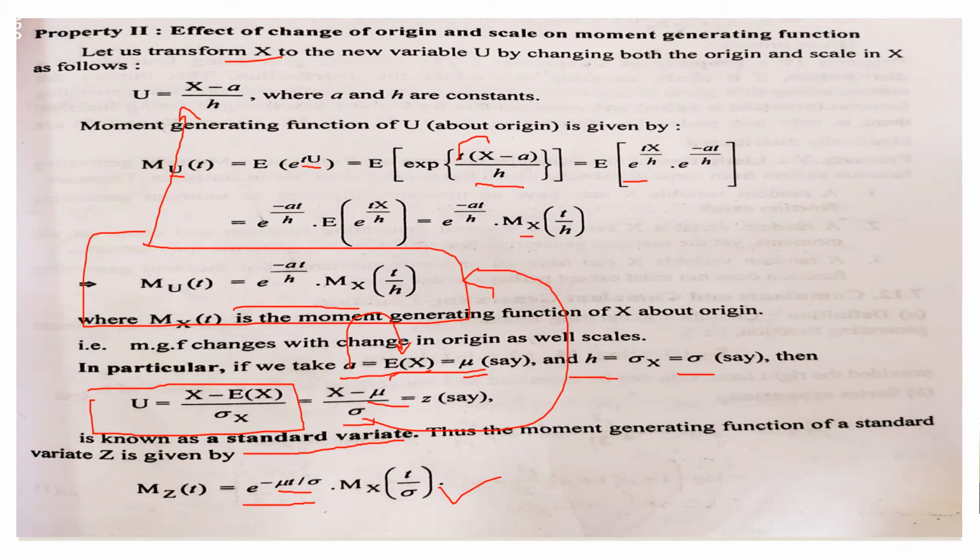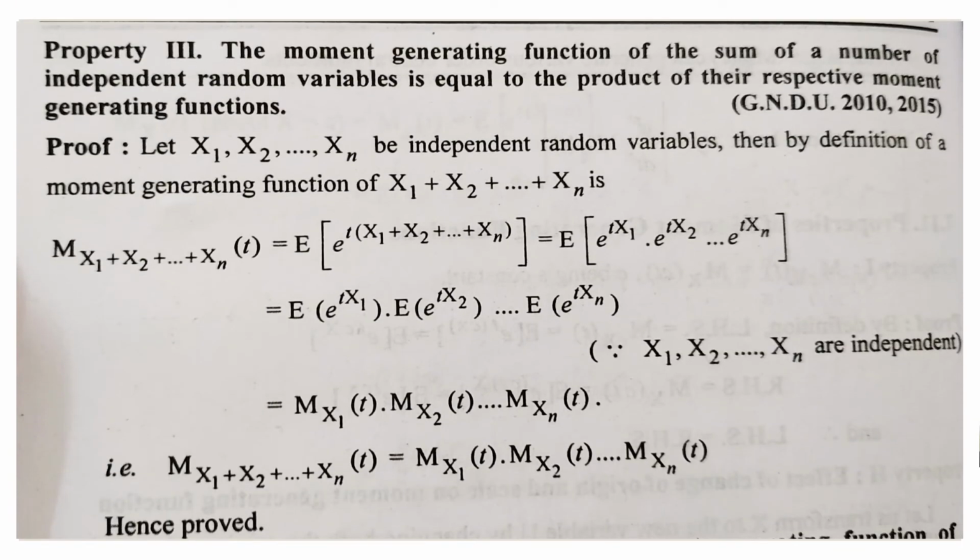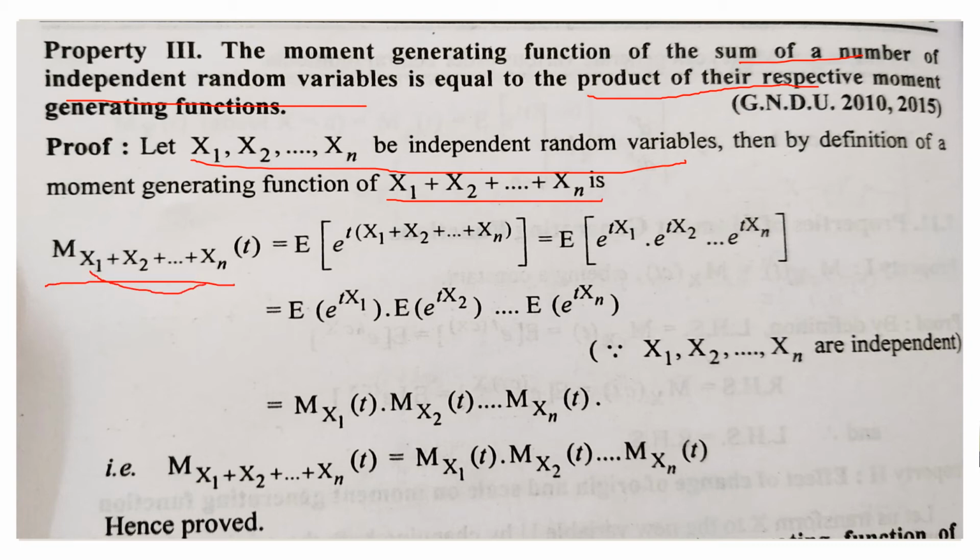Okay. Property number three: the moment generating function of the sum of a number of independent random variables is equal to the product of their respective moment generating functions. Let us suppose we have independent random variables. We have to find the moment generating function of their sum. So we start with the definition: moment generating function of X1 plus X2 plus ... plus Xn. According to the definition, it will be the expectation of e raised to power t times the sum. Now breaking this expression like this, e^(tX1) times e^(tX2) and so on.